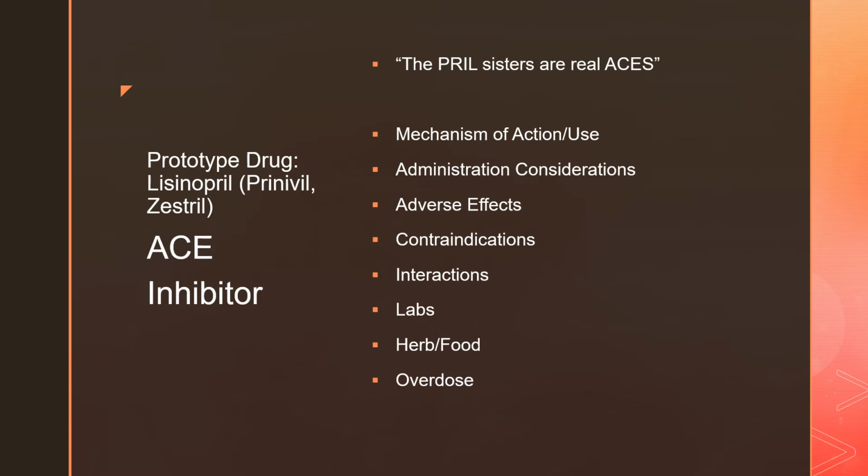Although it's rare, we need to be mindful of what's called angioedema. This is a serious adverse effect, and you need to watch for disturbances to the airway, cough, they're not talking right. This is where everything's just going to be edematous and they may not be able to breathe. So go ahead and look up angioedema so that you can become familiar with what that is.